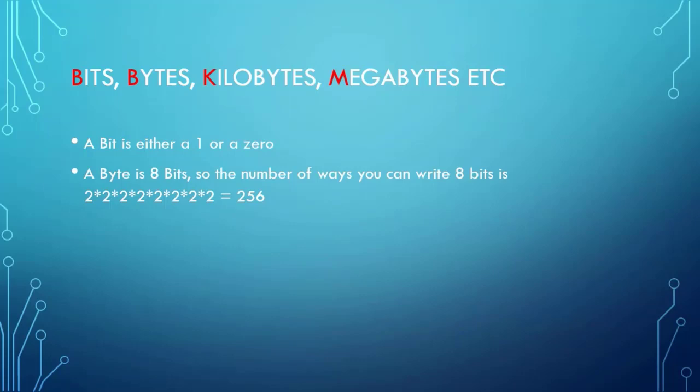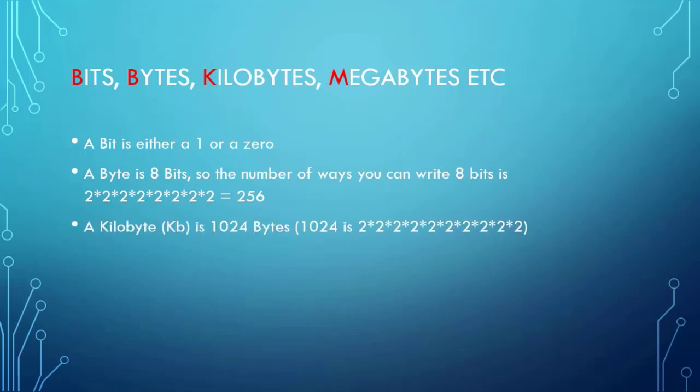And an example of the way that bytes work are the number of keys on your keypad. So letters, uppercase, lowercase, numbers, characters, etc. all have their own byte setup. A kilobyte is 1024 bytes. So 1024 is 2 times 2 times 2, 10 times over.